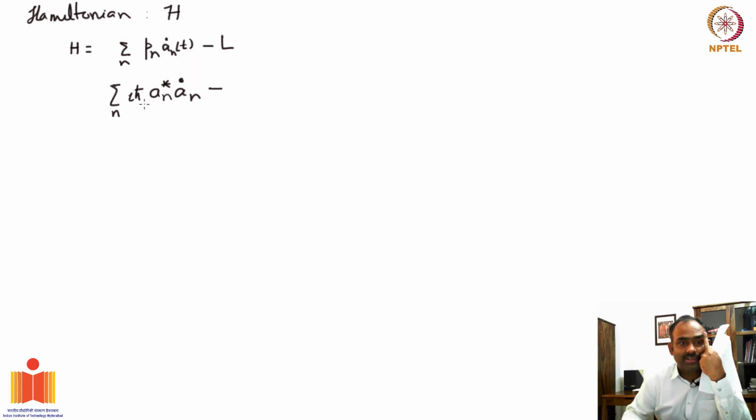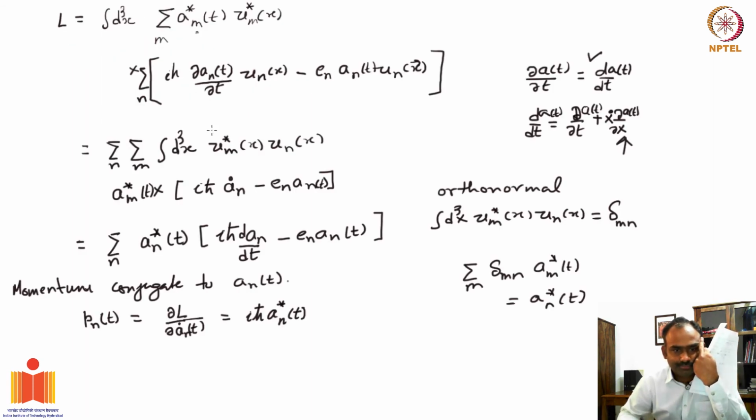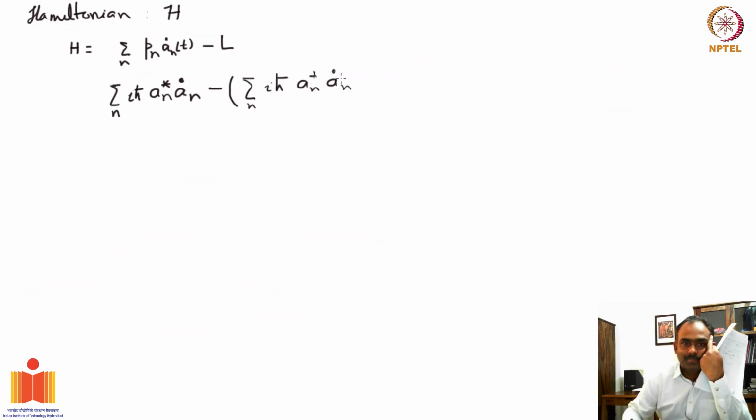Okay, this is the same thing here. Let us write anyway: iℏ An star An dot, and then go back. Then you have En An star An, the minus sign, minus En An star An.